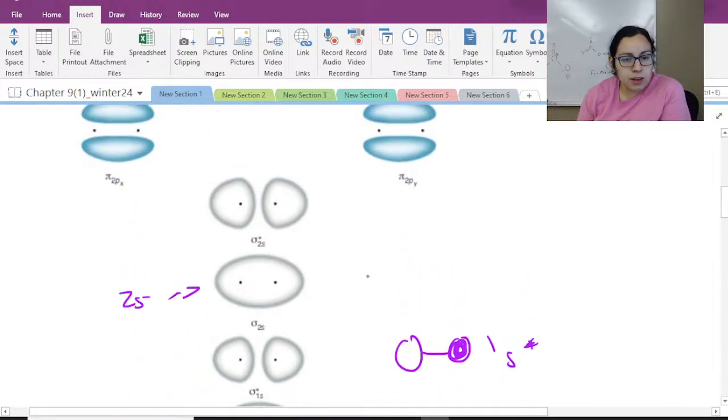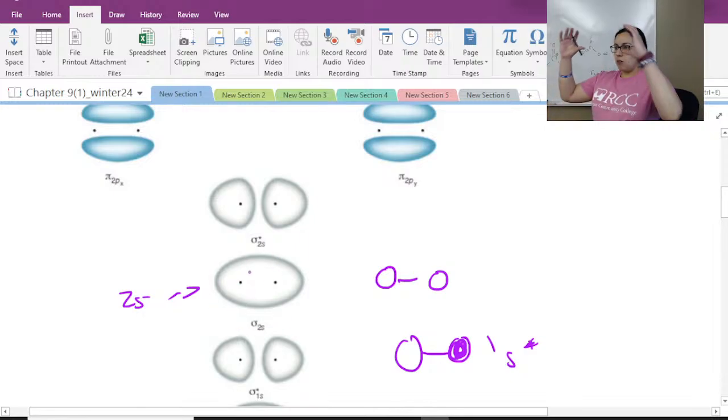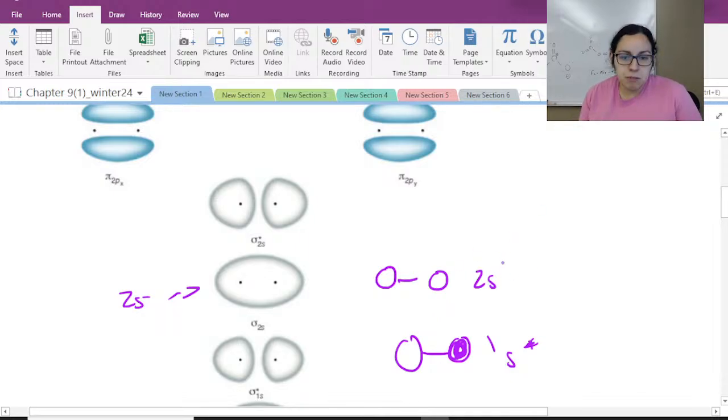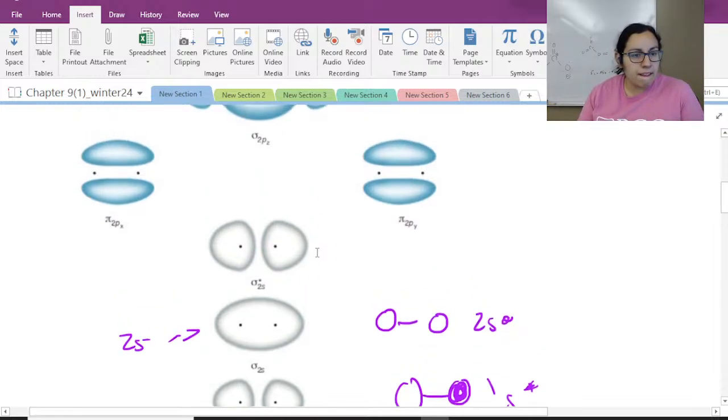But they're just showing it. And with our 2s, we have another possibility for the in-phase combination, shown here by this ball. It's all one big ball, all in phase. So that's our 2s sigma bonding combination. This is the anti-bonding combination shown here.